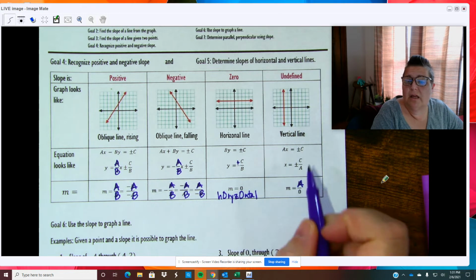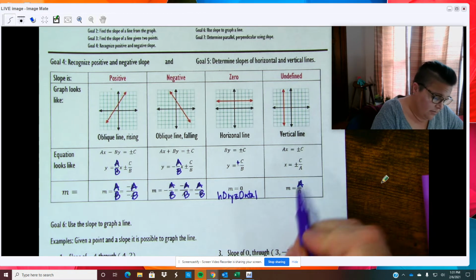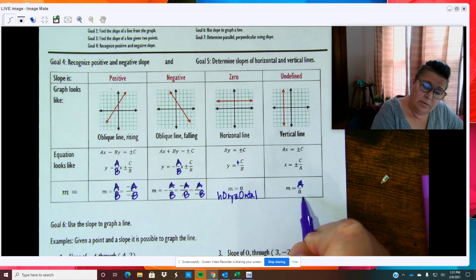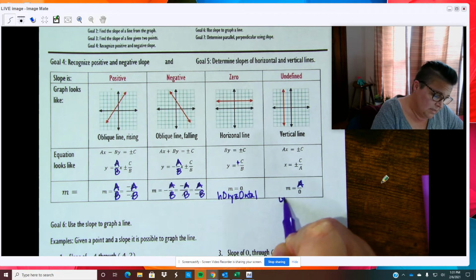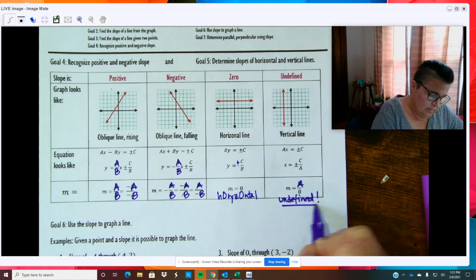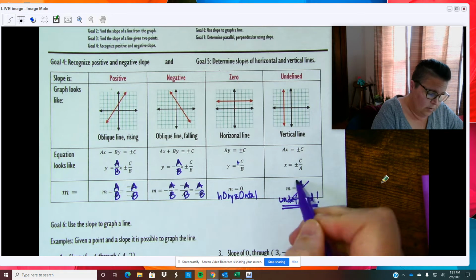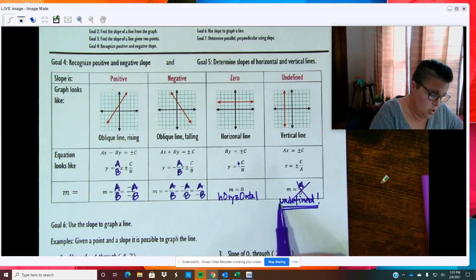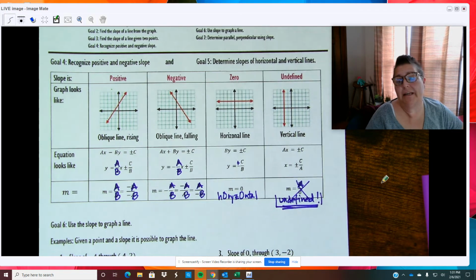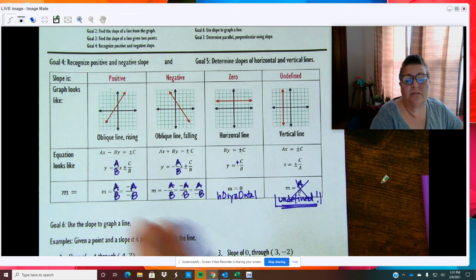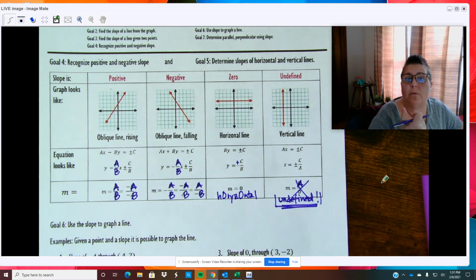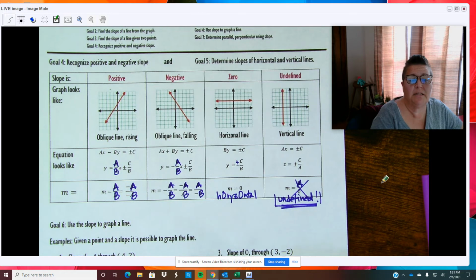The vertical line has an undefined slope. M is going to be some number divided by 0, which is undefined. So we don't say slope is something over 0. We just say the slope of that line is undefined. These are the 4 types of slope that we want you to be able to recognize.